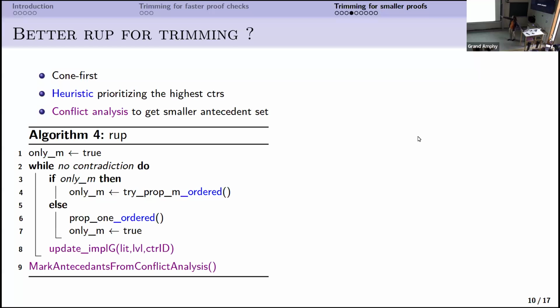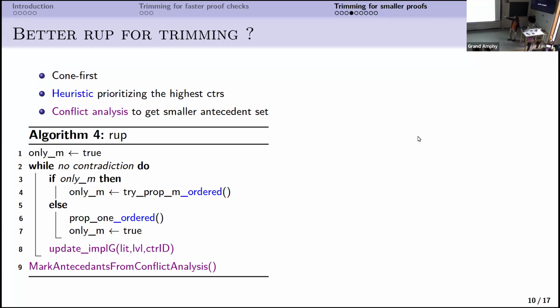So it now looks like this. I have the same only-marked Boolean here, but my propagation is now in an ordered set. And at the end here, I update an implication graph where I put, for each node that propagated a literal, the level of propagation and the constraint ID that propagated that literal. That is going to help me do the conflict analysis.